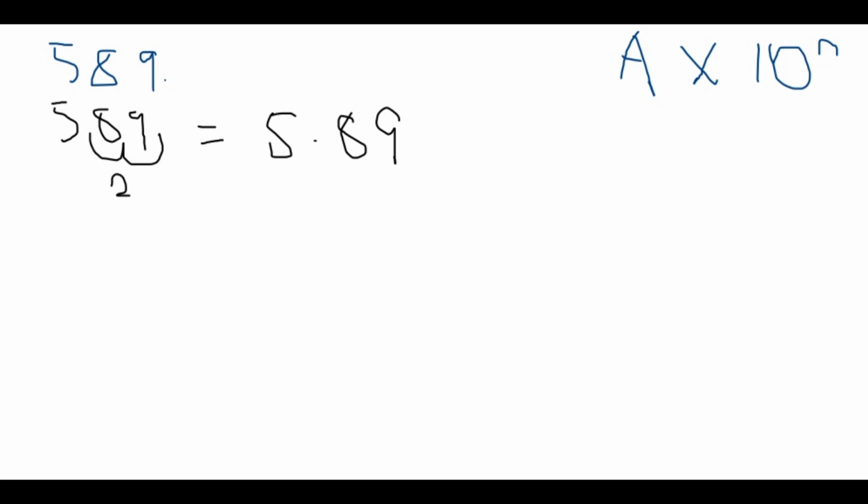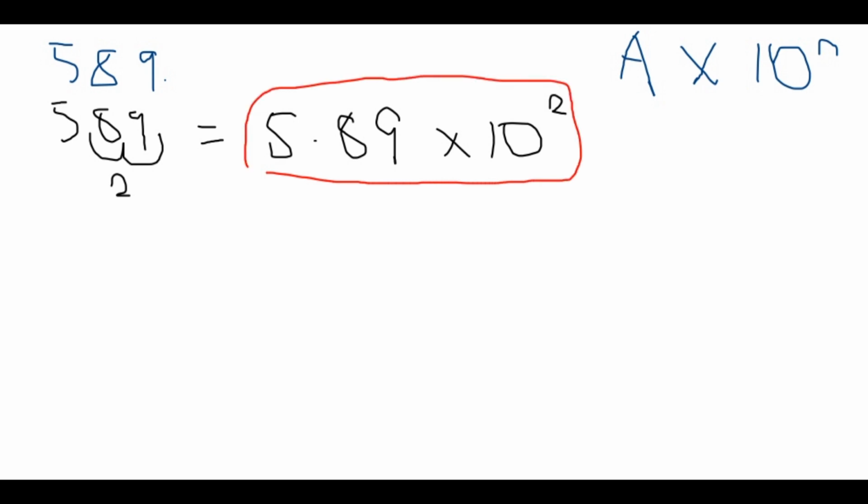And to put it in this format, we're going to multiply by 10, and our n is the number of steps moved, which is 2, meaning it's going to be 5.89 times 10 to the power of 2. So this is the standard form of 589.